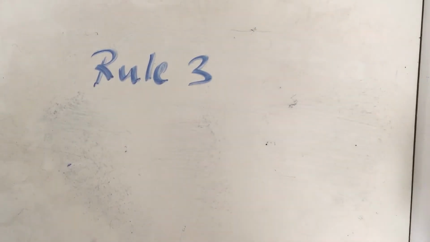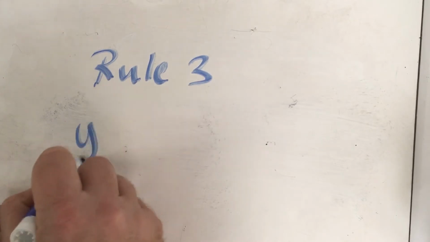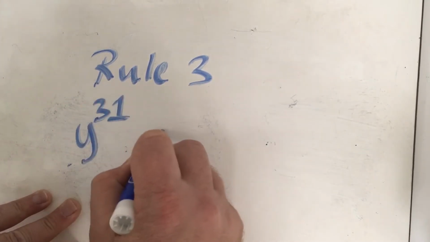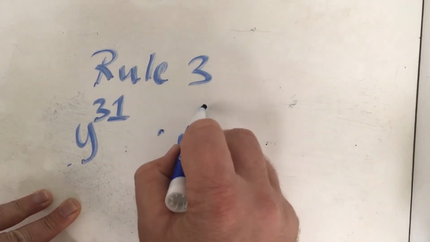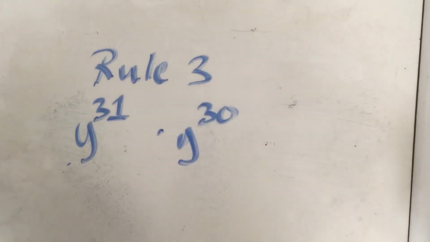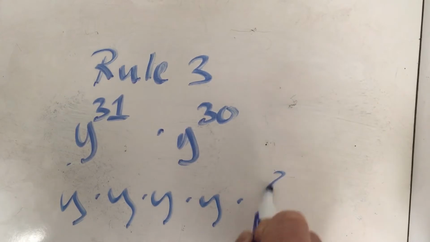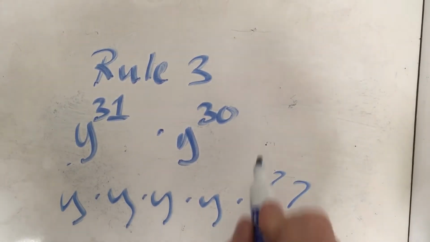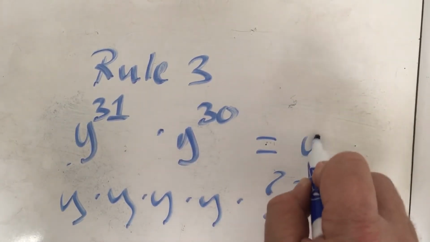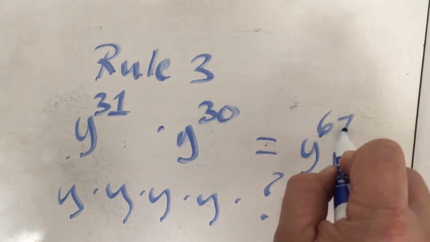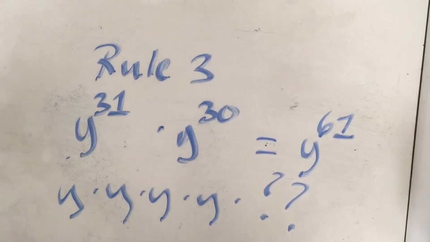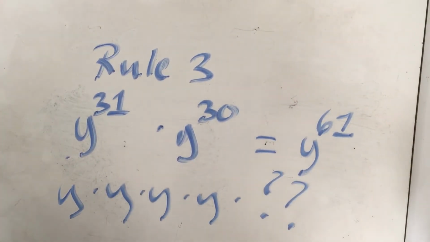And it's really nice for a problem like this. If I give you y to the 31st times y to the 30th, do you really want to start writing a bunch of y's and trying to figure this out? Nope. You want to take the rule, which is keep the base, add the exponents. Really quickly, you've got the answer of y to the 61st.